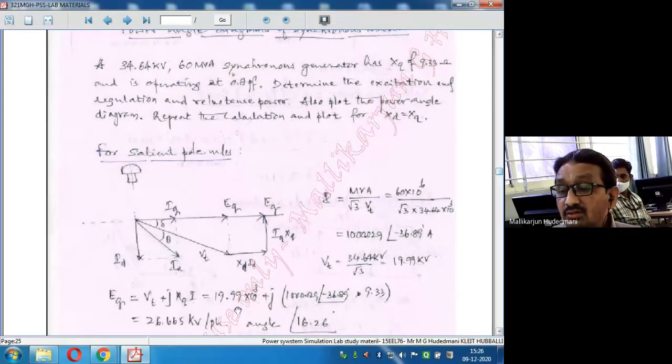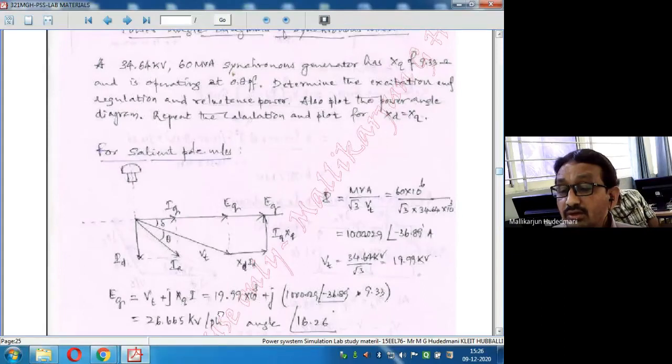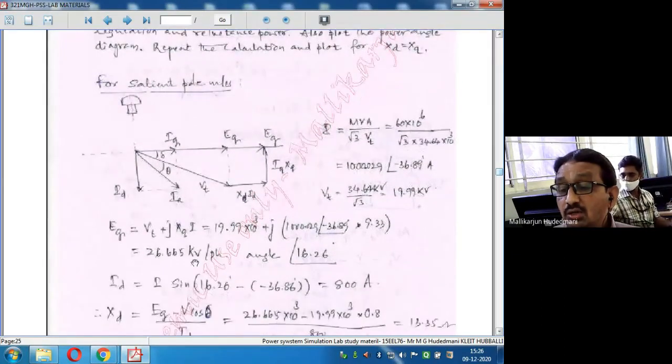When I put them in, I get a magnitude of 26.665 kilovolt per phase. An angle, because this is a complex notation. When I have this rectangular form, I put it in polar form to get the magnitude and an angle. When I convert, I get an angle of 16.26.